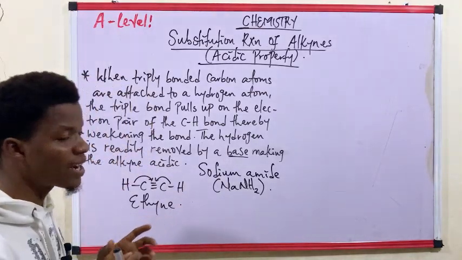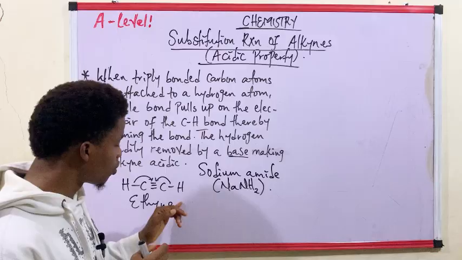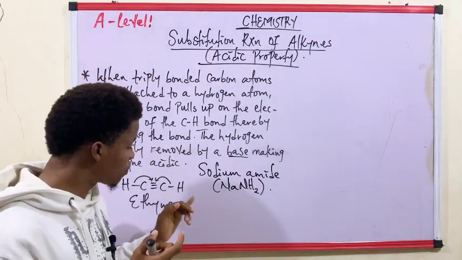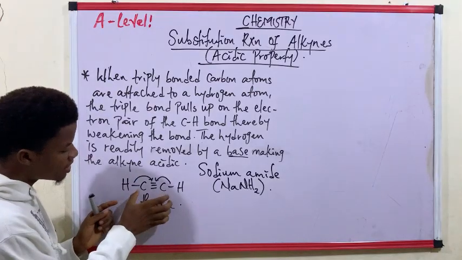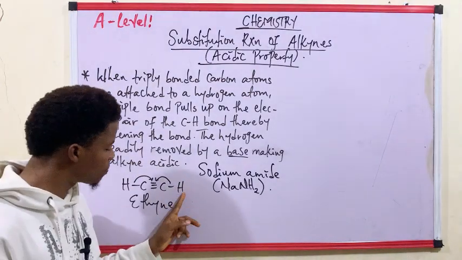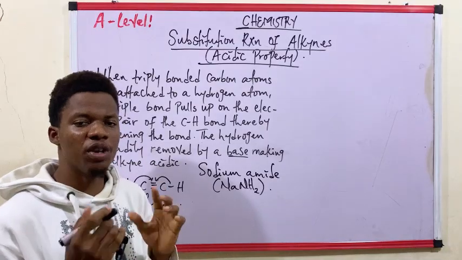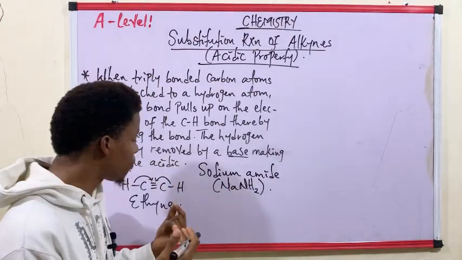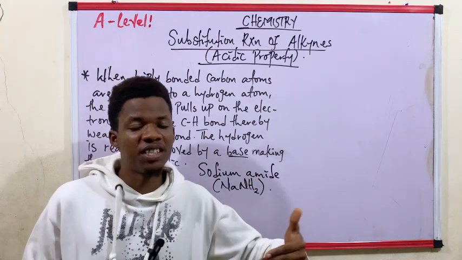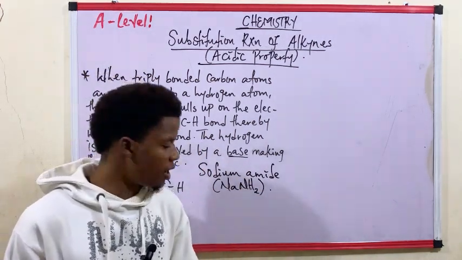Now remember, an acid loses a proton, hydrogen. Because this ethyne can lose this proton, it behaves as an acid. It has this acidic property whereby it is able to lose the hydrogen, the proton. Are you getting it?